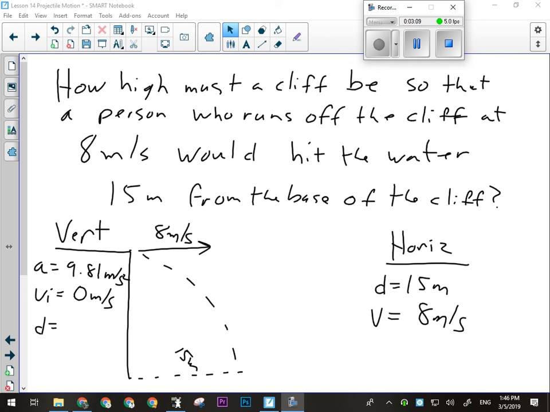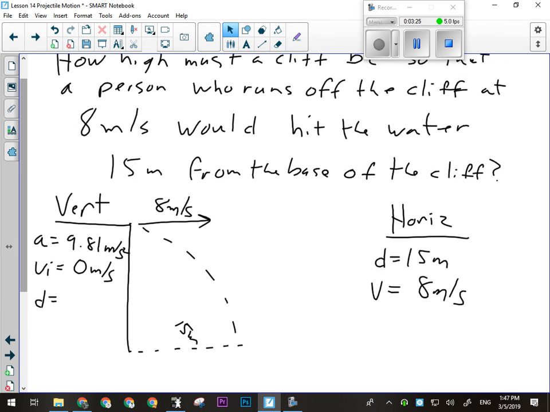So if I'm going to calculate how far this person falls, what variable do I need? Time. In projectile motion problems, time is the most important variable because it's the only one that's shared by the horizontal and vertical components. Now, can I find it with the information I have? Yes, the horizontal information can help me to calculate it because I know horizontally the person is traveling at a constant speed.